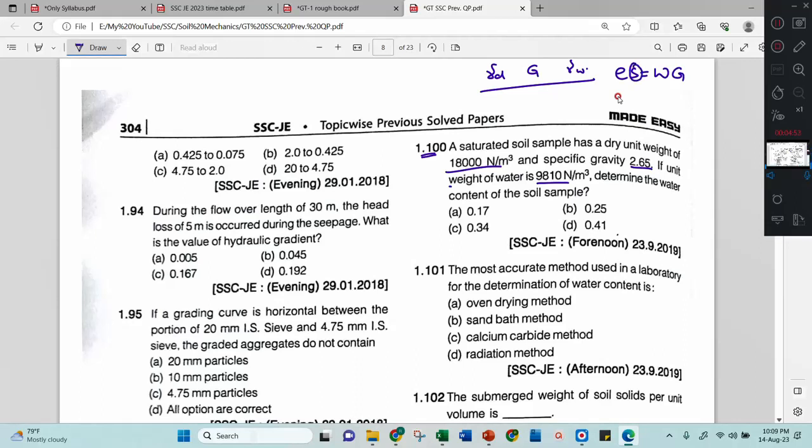S is equal to 1 because saturated soil. Then G is given, 2.65. Water content they have asked. e we can calculate. Right? e equal to G gamma w divided by gamma d minus 1. What is G? 2.65.